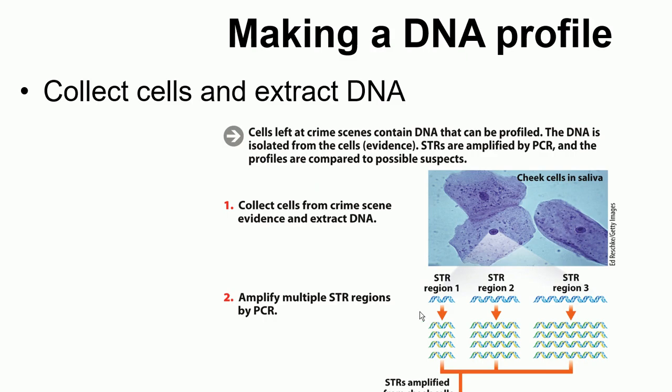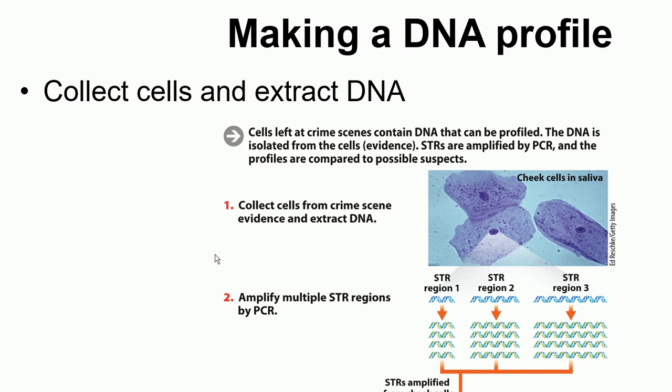So what is done is, here you can see these are the cheek cells in the saliva. At the crime scene, if somebody finds these cheek cells in the saliva, first of all the DNA will be extracted, and then these STRs are going to be amplified by PCR.